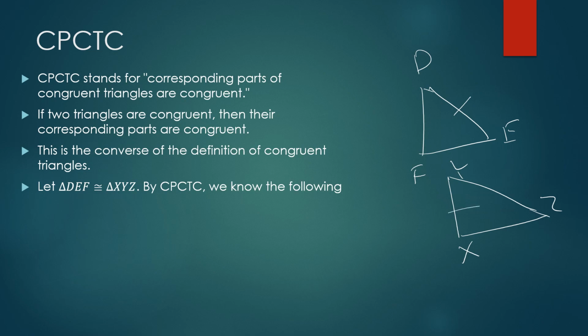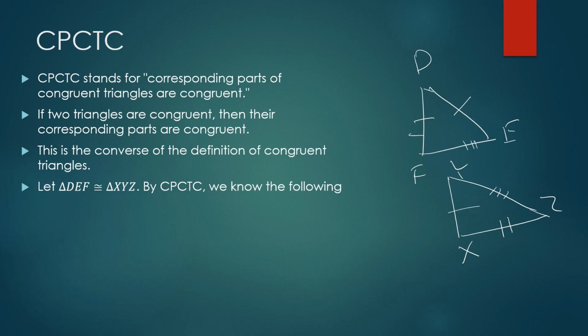We know that line segment DF is congruent to XZ, and we also know that line segment FE is congruent to line segment ZY. We know this because of the way the letters are. D corresponds to X, E corresponds with Y, and F corresponds with Z.